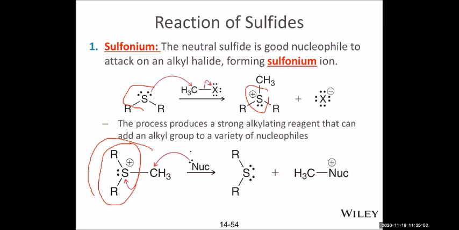So if a stronger nucleophile comes back to attack, the nucleophile will take the methyl group and release the sulfide. So basically, sulfide is used as a tool to do a methylation reaction.